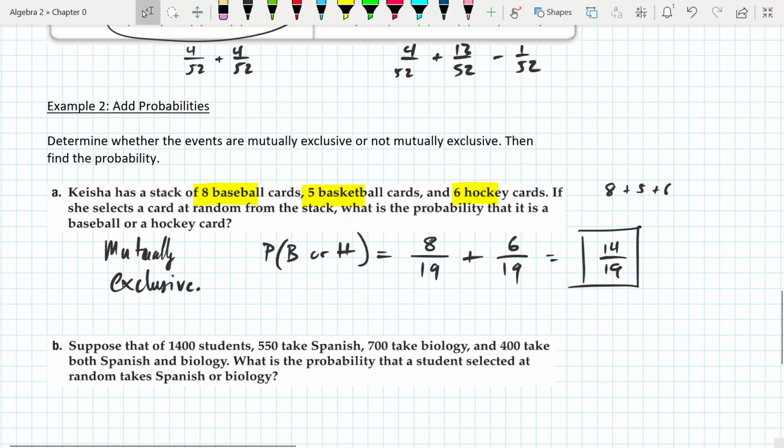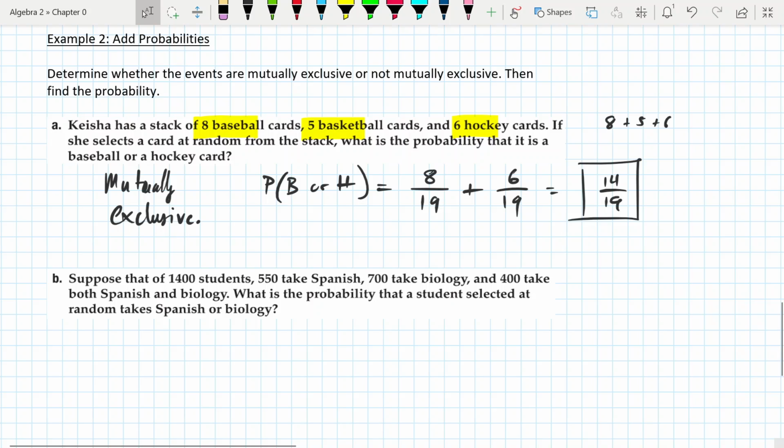Part B. Suppose that of 1,400 students, so 1,400 students, that sounds like the total number to me, 550 take Spanish, 700 take biology, and 400 take both Spanish and biology.